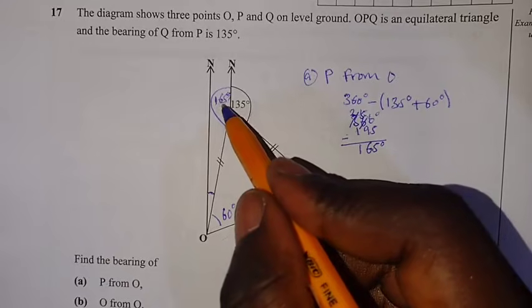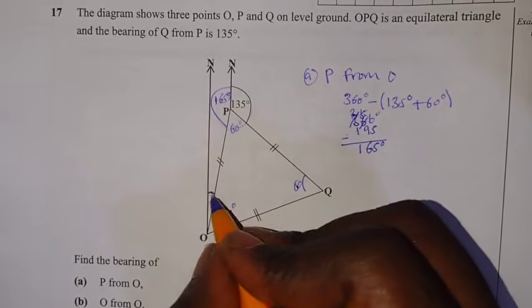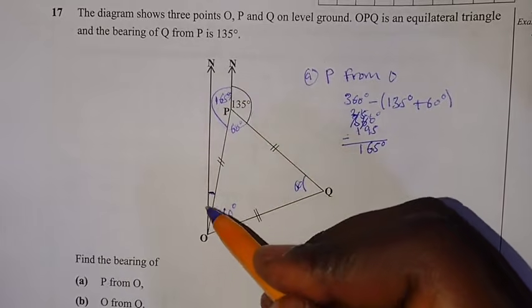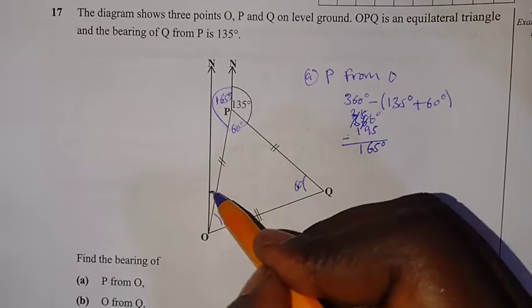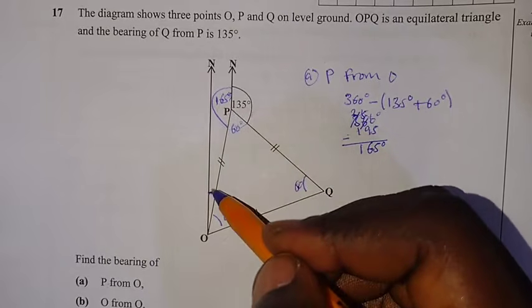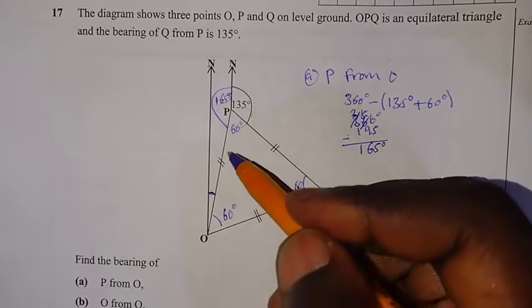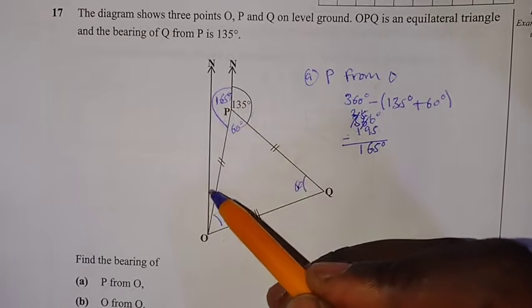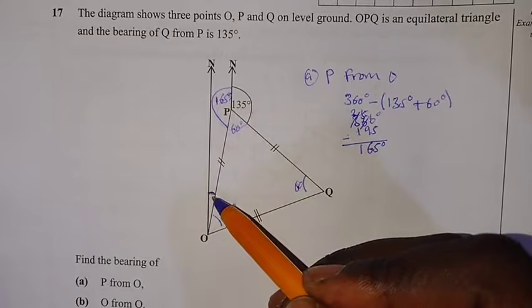If we get this angle which is 165, and they want us to find the angle which will be right here, here we have a north and here we have a north. So we can see that this angle and this angle are called allied angles. Allied angles add up to 180. So if you add the angle which is right here plus the angle which is there, you should get 180.